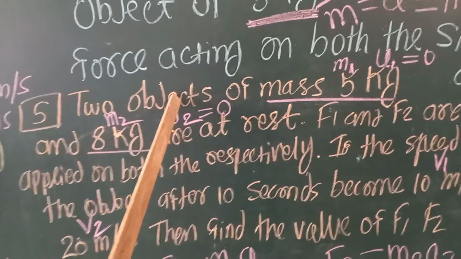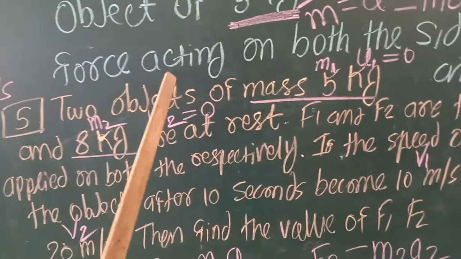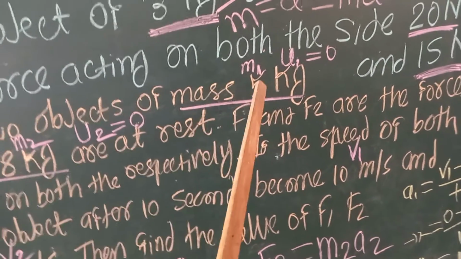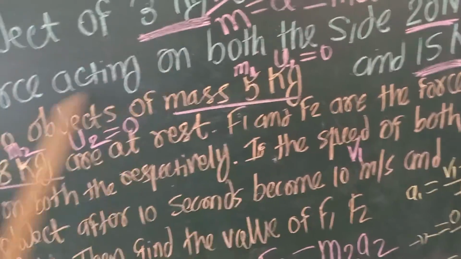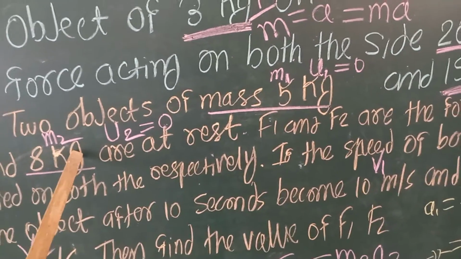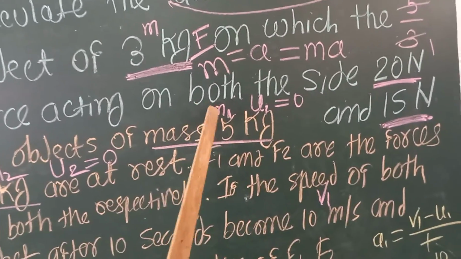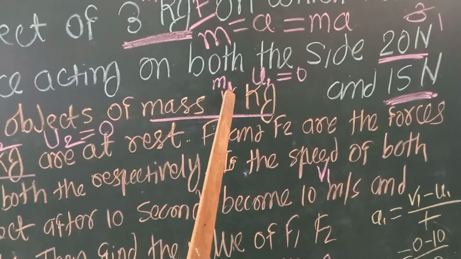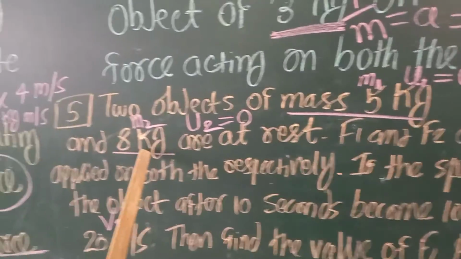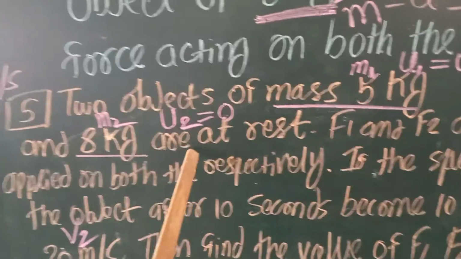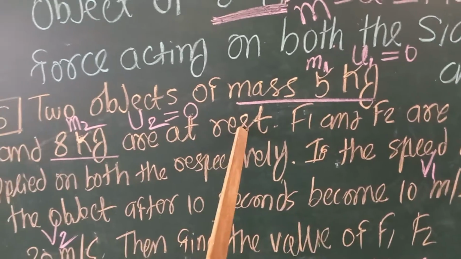Two objects. How many objects? Two objects of mass 5 kg and 8 kg. So don't get confused here. 5 kg we can write as mass 1, and 8 kg as mass 2. They are at rest.